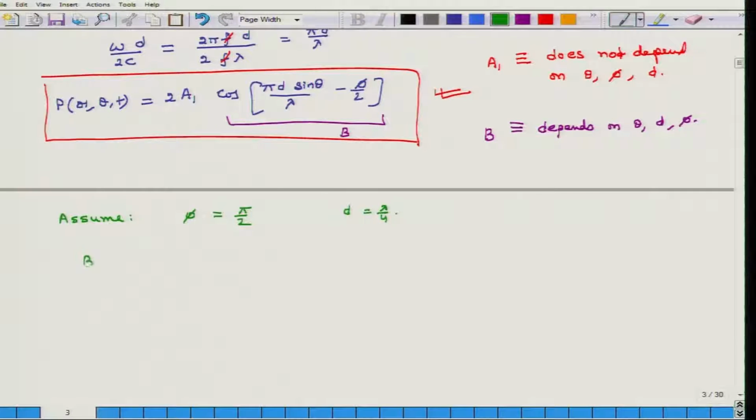So, then B equals cosine of pi times lambda over 4 times sin theta divided by lambda minus pi over 4. Okay. So, this is equal to cosine of pi over 4, so lambda lambda cancels out, times sin theta minus pi over 4.